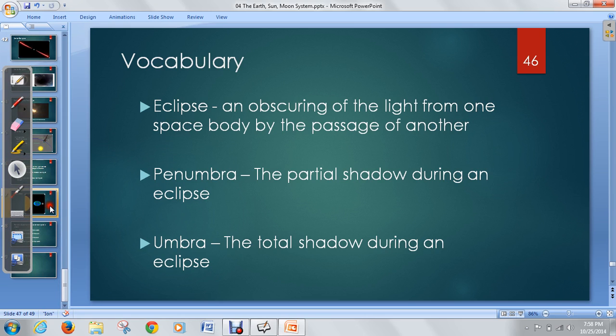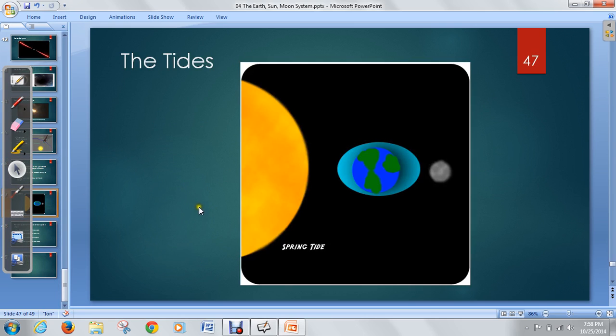All right, and then the last thing we talked about was the tides. When the sun, the moon, and the earth all line up together, we get some really high tides, which occurs because the moon's putting this gravitational pull on the earth's water. So it bulges out. If you're standing on the earth's surface right here, you'll see very high water in that area because the moon's pulling it up.